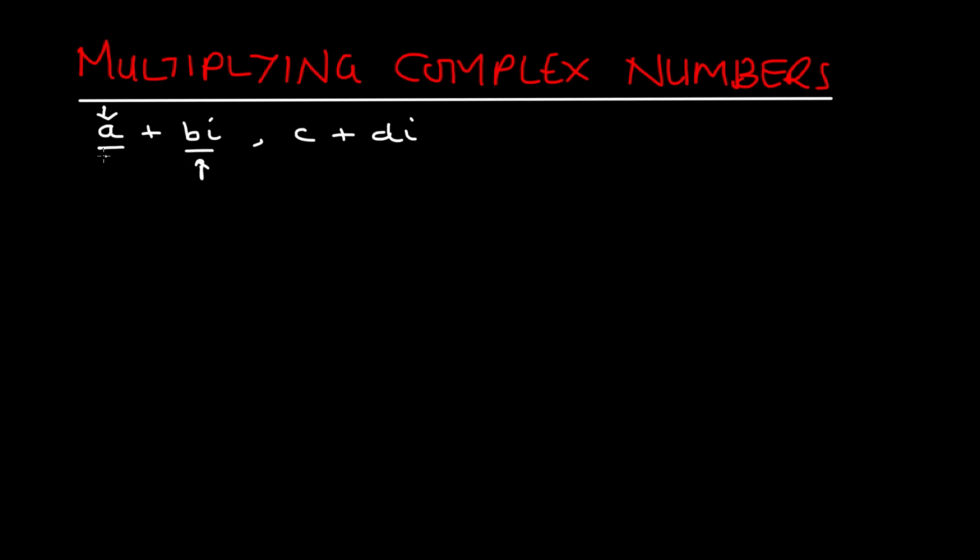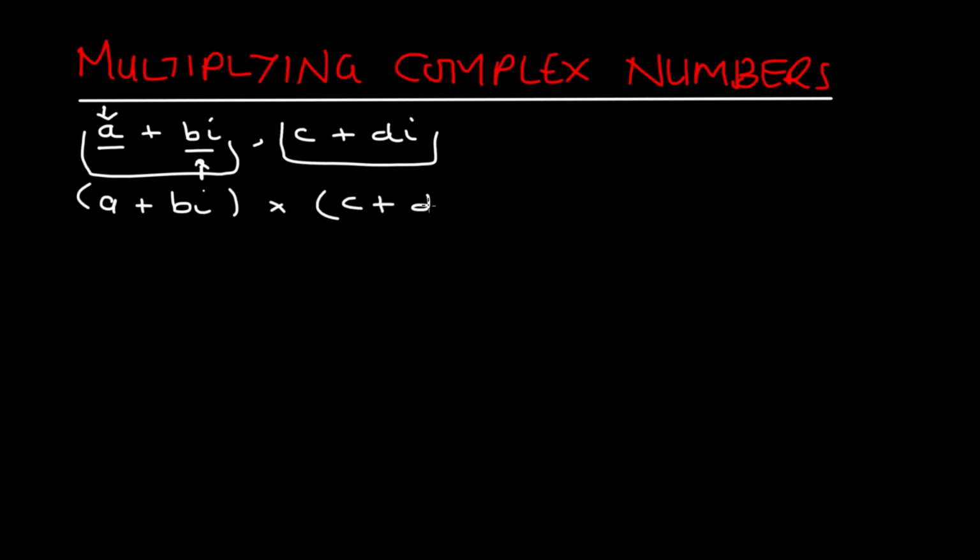Despite the fact that they have a number of terms, they're still a singular number. This is a single complex number. So now we're multiplying these two. We put them in brackets, and then we're going to multiply with this other portion here, right?